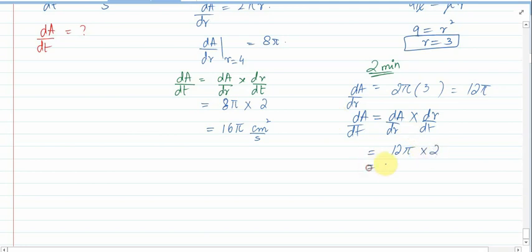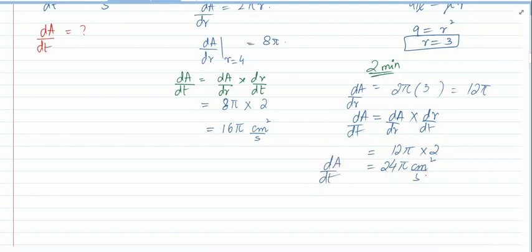So it's 24 pi centimeter square per second, that is your change of area. But I think there is a mistake. 2 3s are 6, so it's 6 pi, and 6 2s are 12 pi. That is your answer. All right.